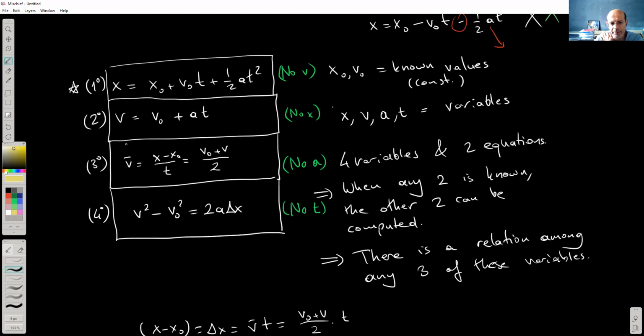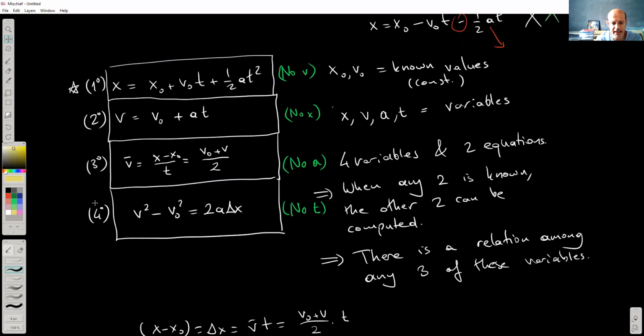So there is the problem of how do you remember them? It's actually quite easy because you would like to understand what they actually mean. This one is easy to understand, right?